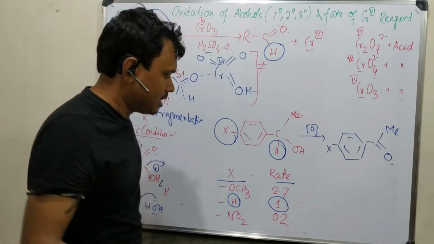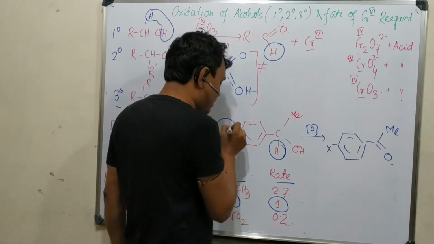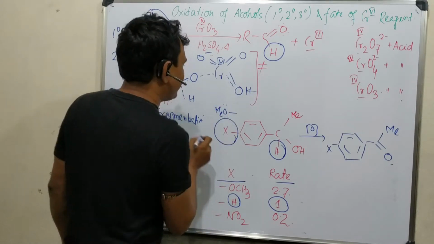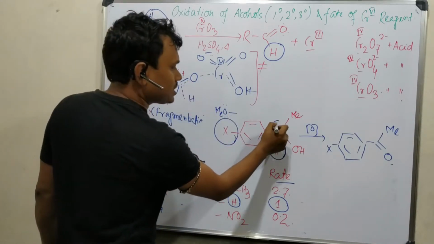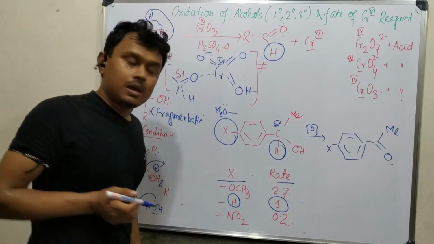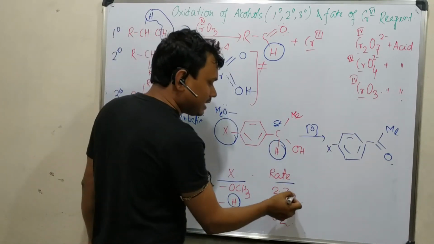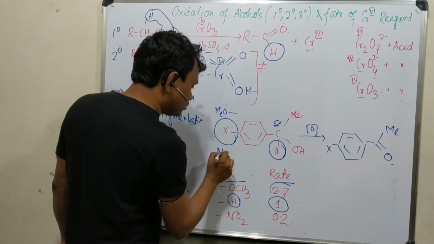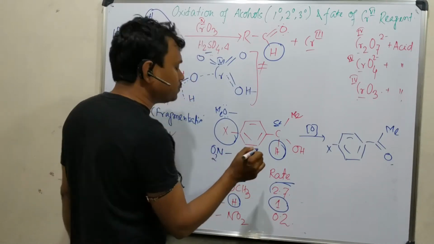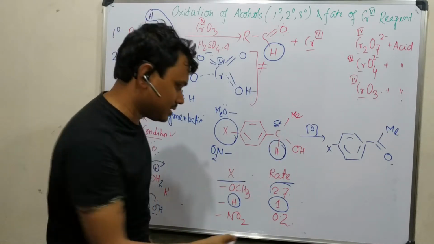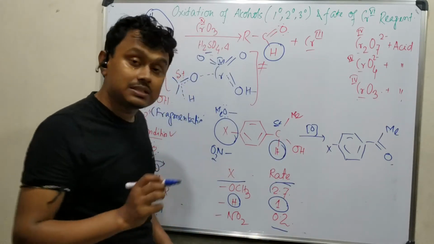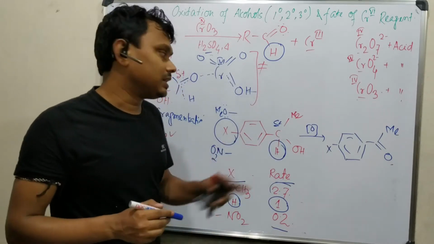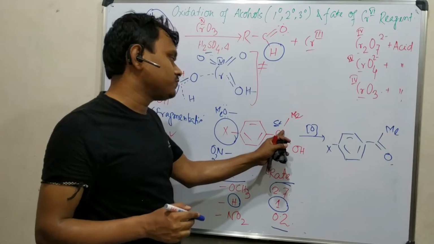But when this is OMe, this para-methoxy has a lone pair, and this lone pair could stabilize the positive charge developed in this position through resonance, so the rate enhances. Interestingly, when it is NO2, an electron withdrawing group, it will not help to stabilize, so the reaction rate decreases.